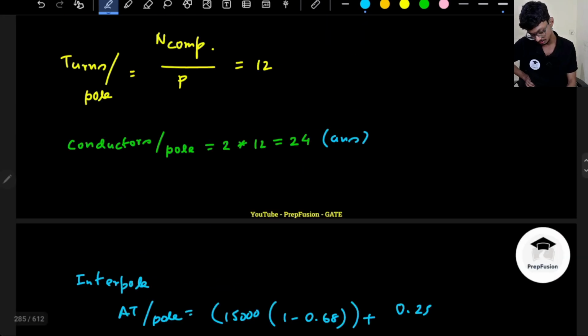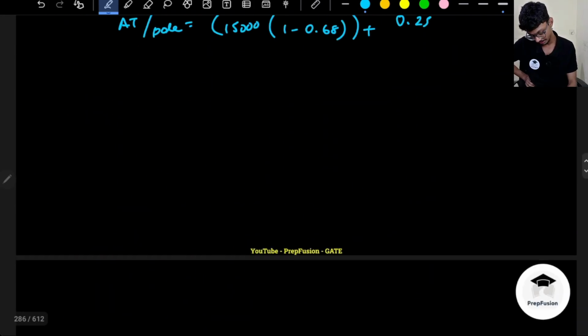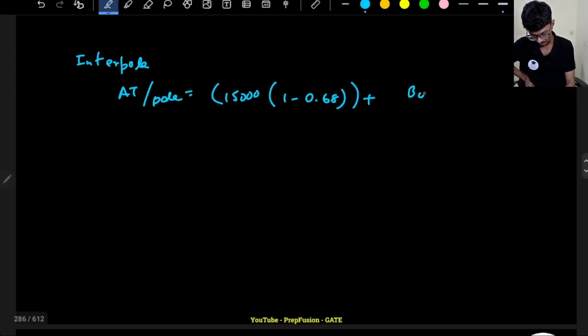So this will be Bi. I will write the formula here: Bi into lgi divided by mu naught, since it is the air gap.